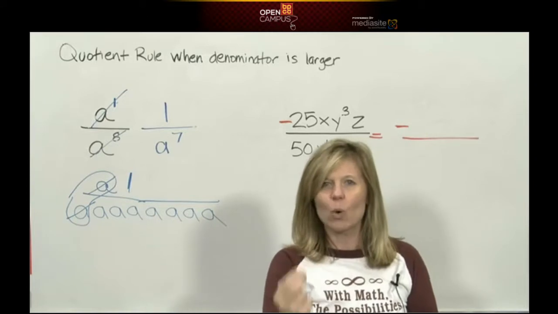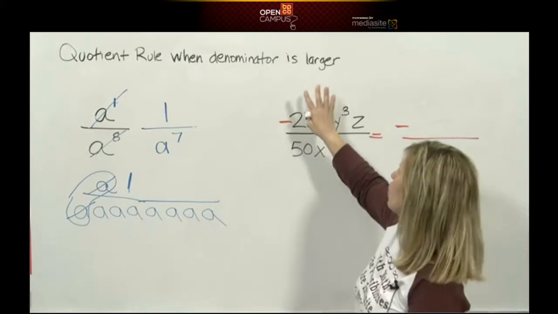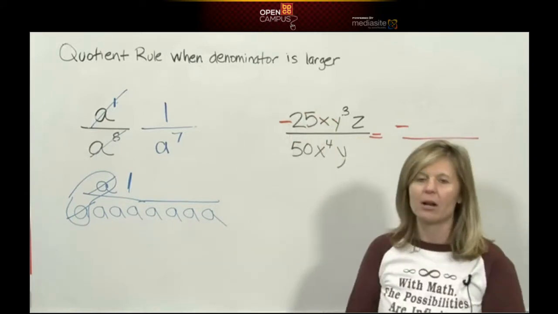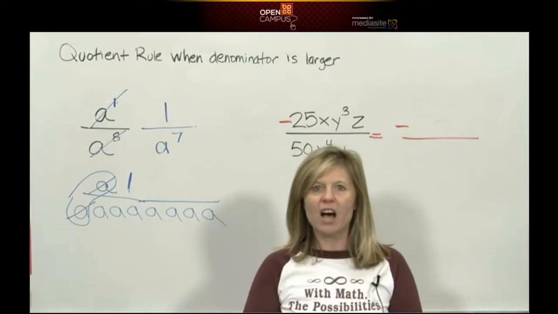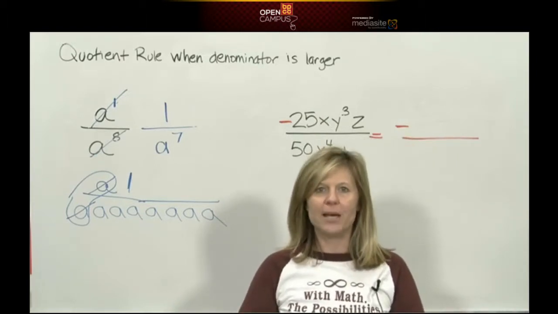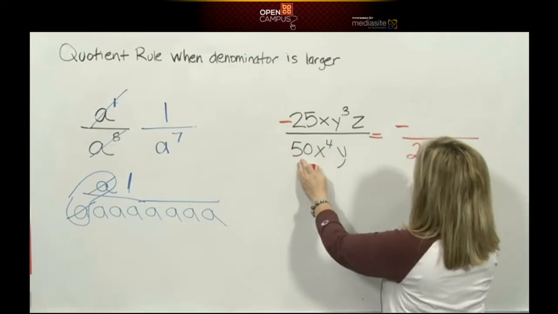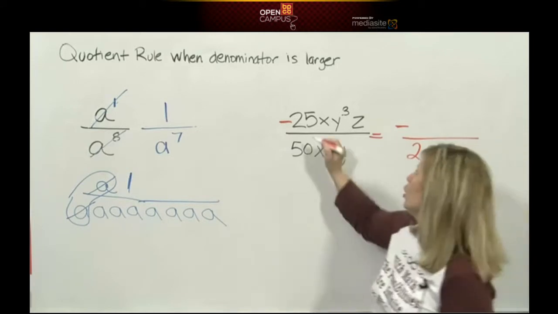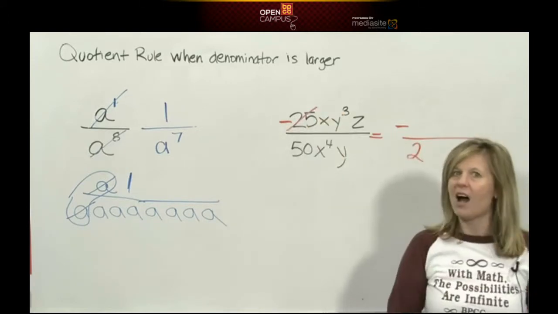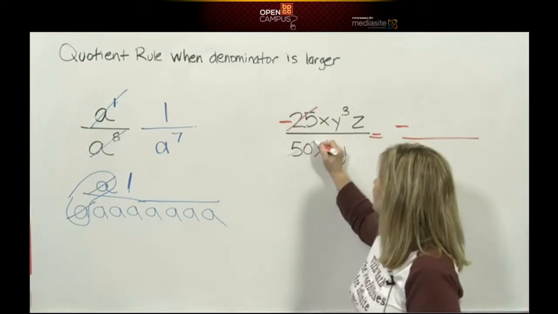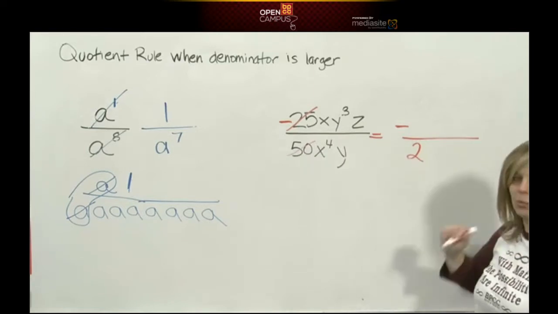The question is, where do you put the 2? The rule is when you divide, you put the quotient where the bigger term was. So 50 is bigger, so the 2 goes in the denominator. Think about it. 25 divided by 25 is 1. 50 divided by 25 is 2.